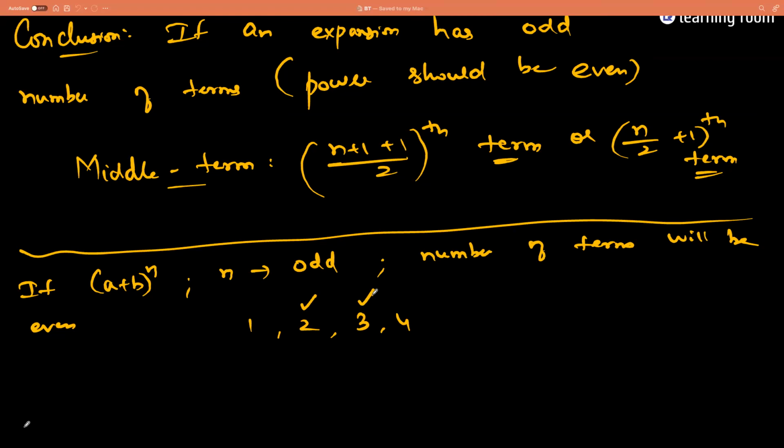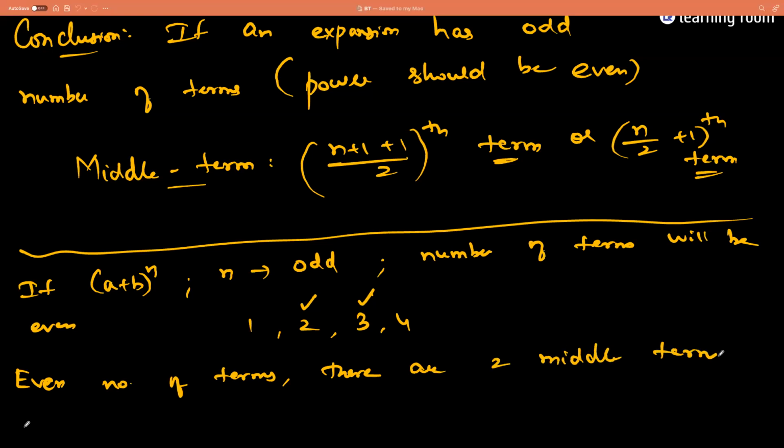So when there are an even number of terms, there are two middle terms. So if I have 4 terms, what are the middle terms? Second and third. So how did you get the second?